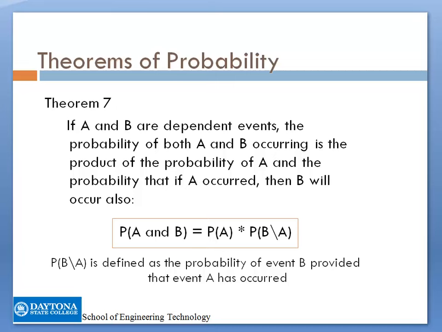Okay, so a dependent event is one whose occurrence influences the probability of the other event or events. Okay, theorem number 7 is sometimes referred to as the conditional theorem. And this is because the probability of the second event depends on the result of the first event. And remember, this is only if you have more than 2 events.